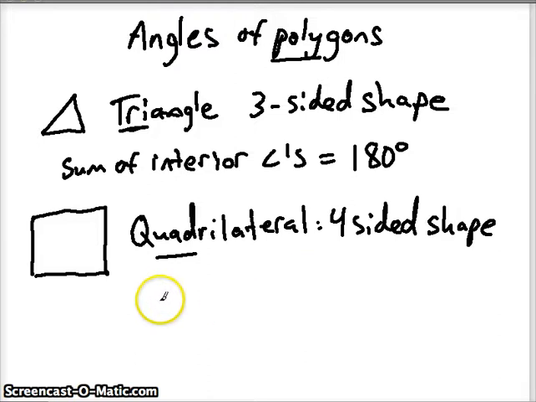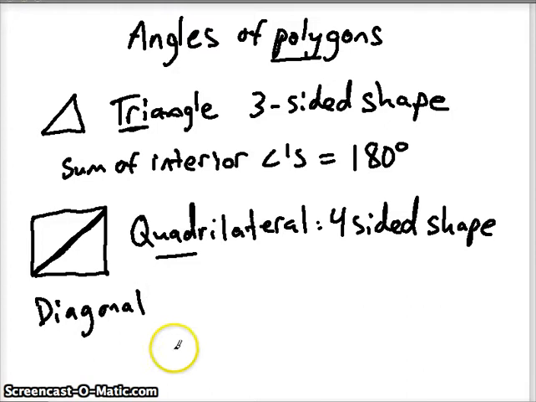And if we actually cut this quadrilateral in half by drawing what's called a diagonal, this is called a diagonal, and it looks diagonal, right? But a diagonal more specifically is when you connect a vertex to the opposite vertex. That is a diagonal.